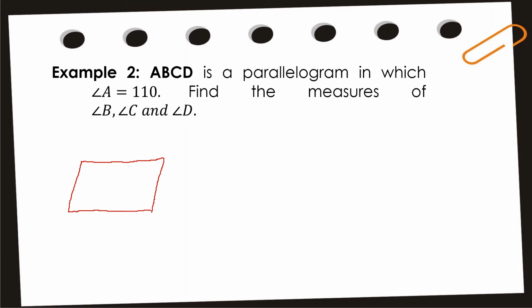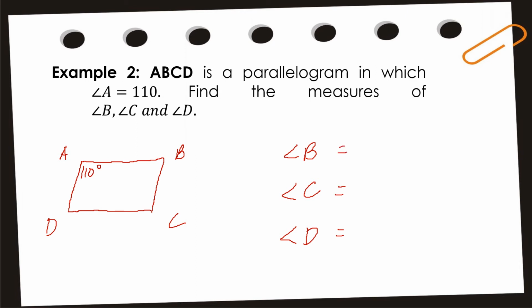Okay, let's say this is parallelogram ABCD. According to the problem, angle A measures 110 degrees. So the question is, what are the measures of angle B, angle C, and angle D?